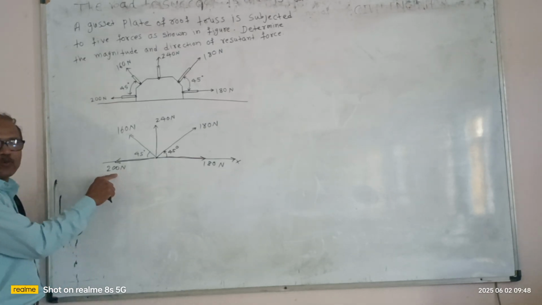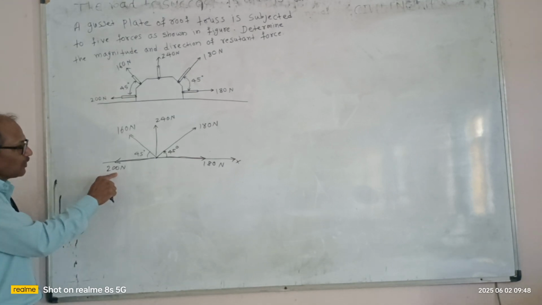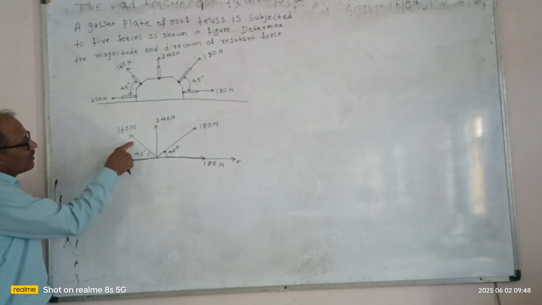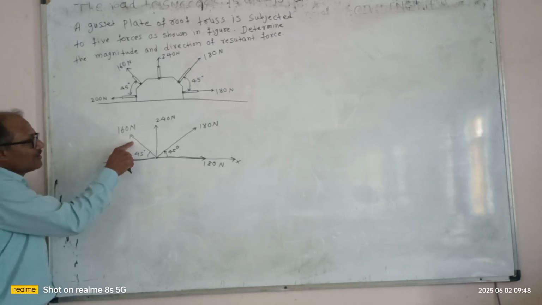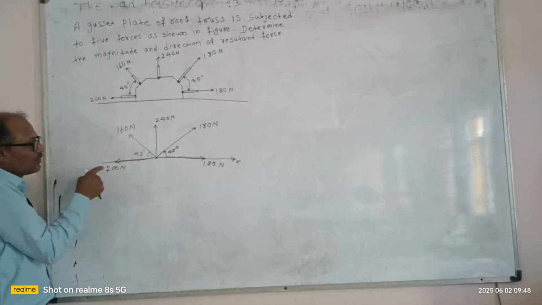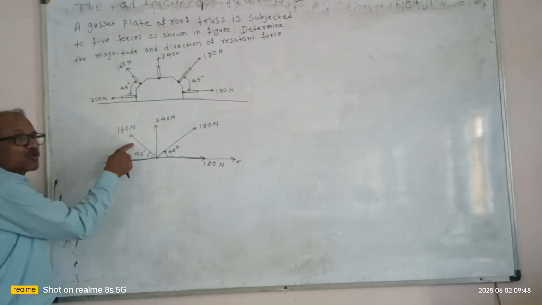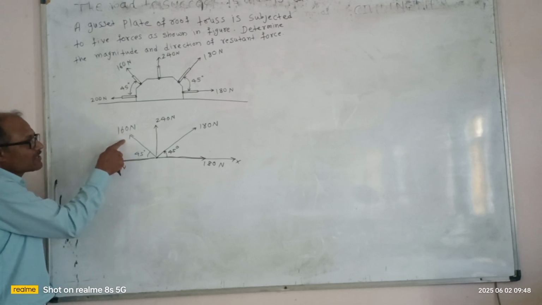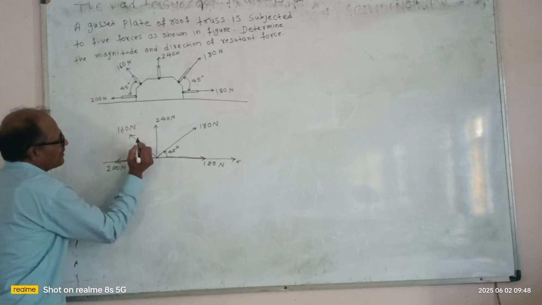Here this force is purely in the x axis, so no need to resolve it. Now come to this force. This 160 Newton force is not perfectly in the y direction or the x direction. So first of all we must resolve this force in the x and y axes.